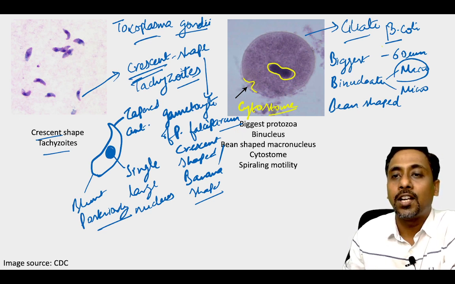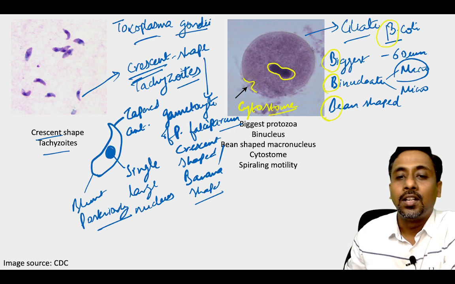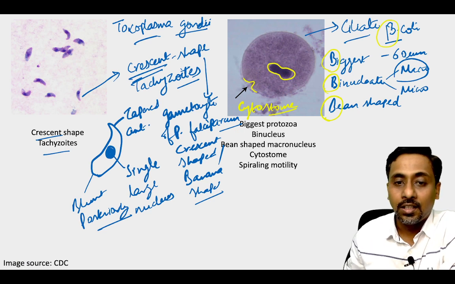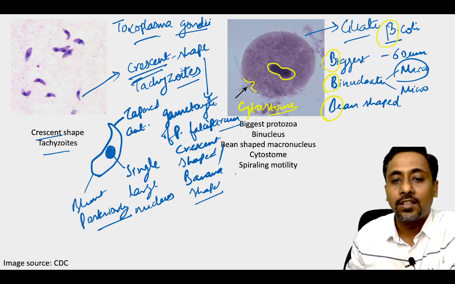B, Balantidium coli: B is the biggest, B is binucleate, and the bigger nucleus is bean shaped, and it has got a characteristic motility which is called spiraling motility. Spiraling motility is seen in Balantidium coli.